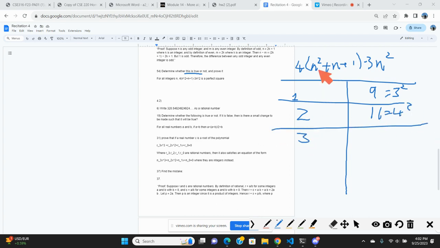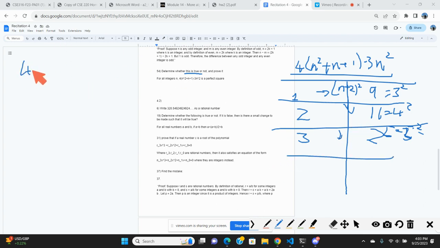For n equal to 3, this is 52 minus 27, which is 25, which is 5 squared. We can see that this general pattern seems to imply that this term simplifies down to n plus 2 squared somehow, if we keep going. And so now we have a hint.